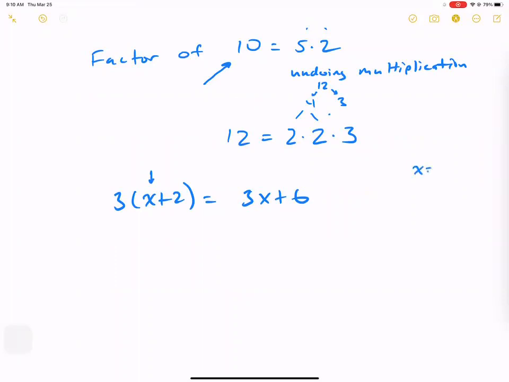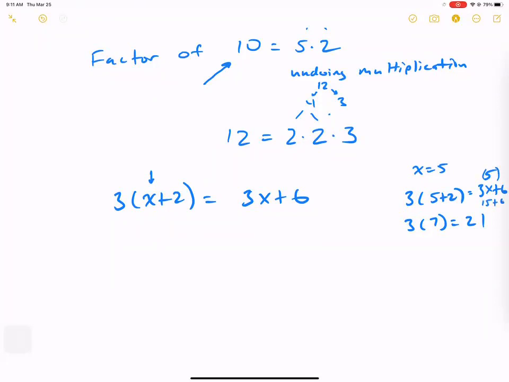If x equals 5, we can write 3 times 5 plus 2, which is 3 times 7, right? And what's 3 times 7? 21. If I look at my right side here, 3x plus 6, if x was 5, isn't 3 times 5 15?